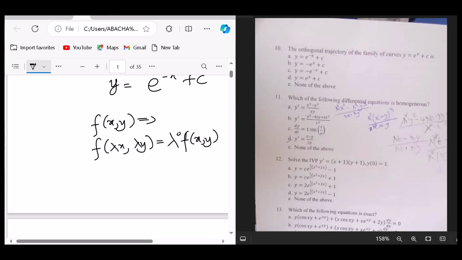When the degree of homogeneity is 0, then we say that it's a homogeneous differential equation.